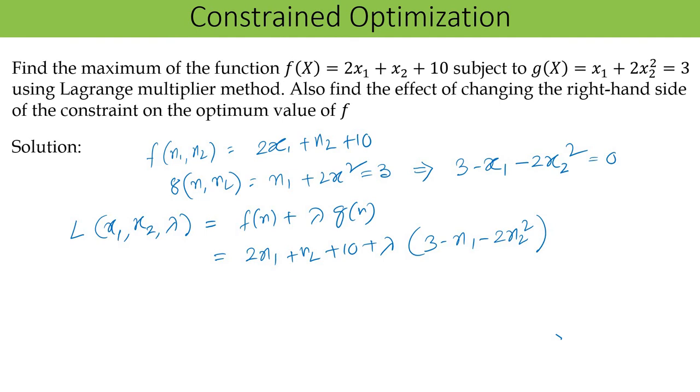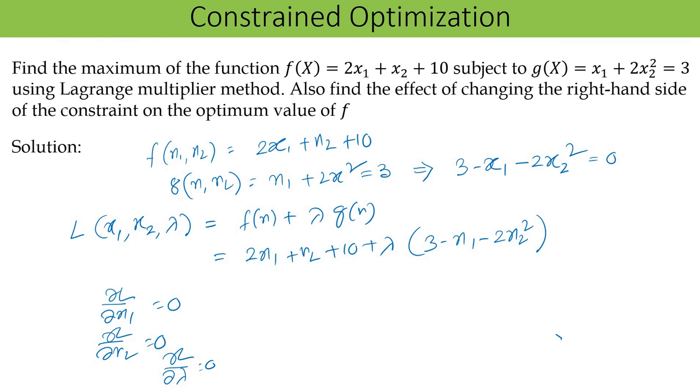Okay, so now you find out the necessary conditions, that is del L by del x1 equal to 0, del L by del x2 equal to 0, and then del L by del lambda is equal to 0.